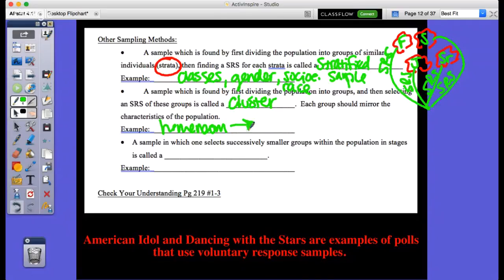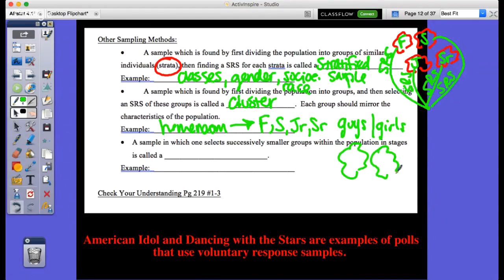This might just be all seniors, right? So we want to make sure we have homerooms with freshmen, sophomores, juniors, seniors, guys and girls. I think I used the example of advisement. Let's say we use advisement, where we brought guys and girls together from all four different classes, and a cluster would be one of these groups. Each of these is representative of the population.